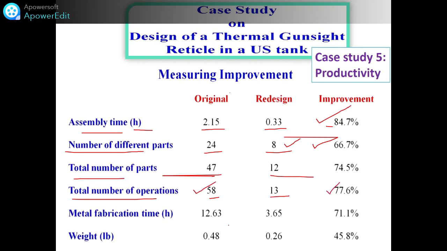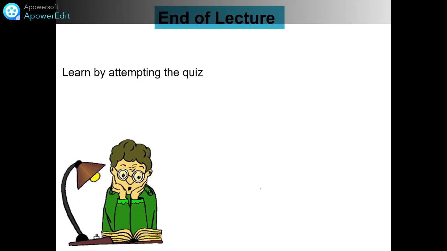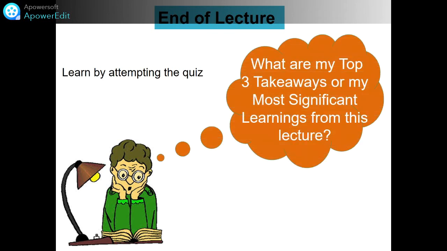So 77.6%. Metal fabrication time also reduced. See here 3.65, so 71.1%. The weight of this part also reduced, from 45.48 to 0.26, 45.8%.